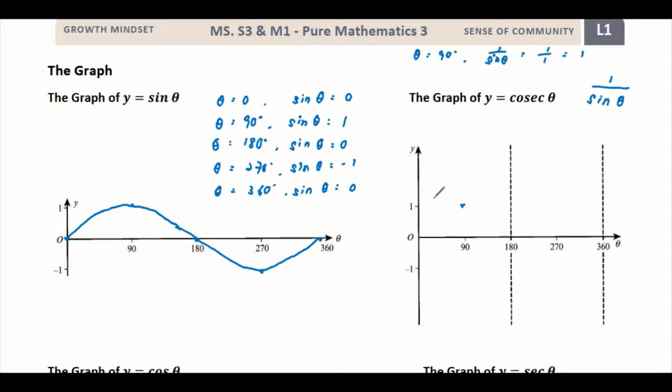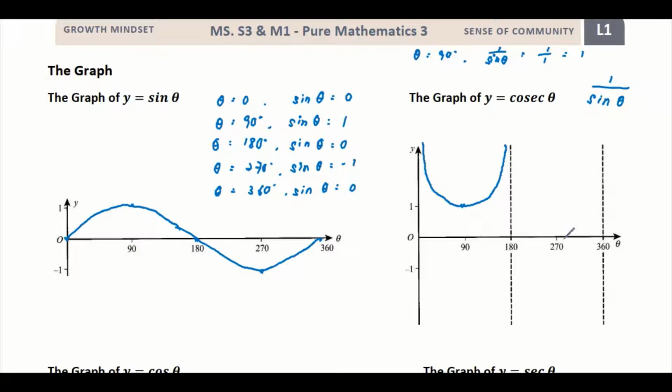But for theta equals 0 and 180, you are getting 1 over 0. So that's why there is going to be an asymptote here, which is a line, a limit, where your graph will never reach the line. So you will have a graph that looks like this. It's getting nearer and nearer, but it will never touch the line.